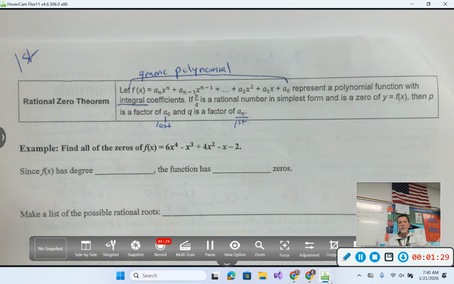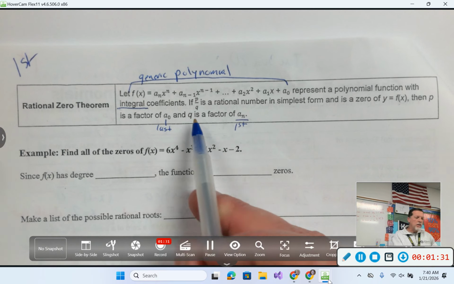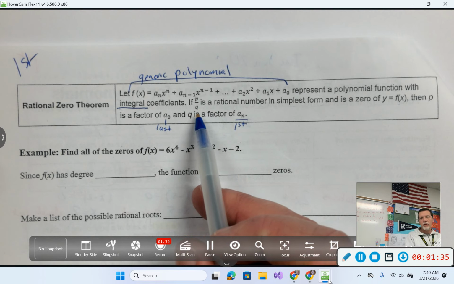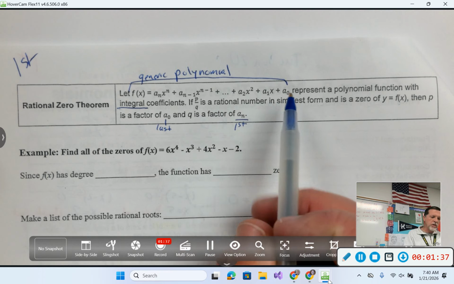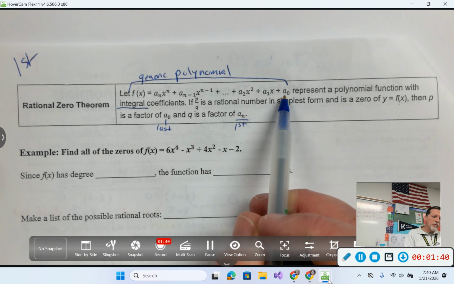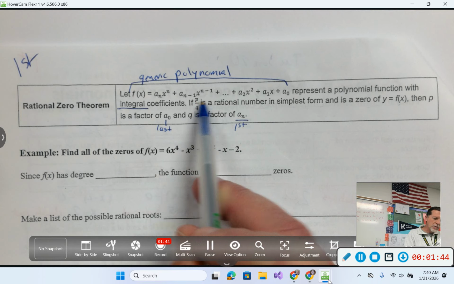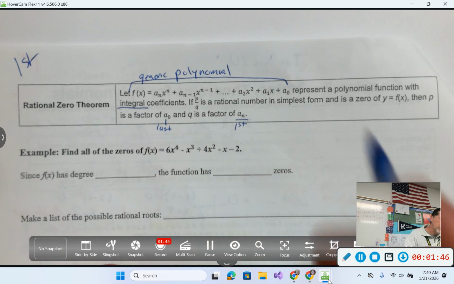This is worded kind of weird, but what they're trying to say is all of your rational zeros, so not the i's or the square roots, but all the rational zeros come from factors of the last term over factors of the first term.